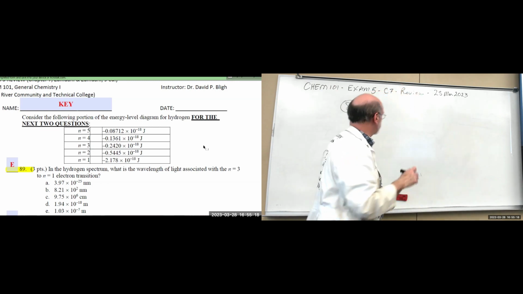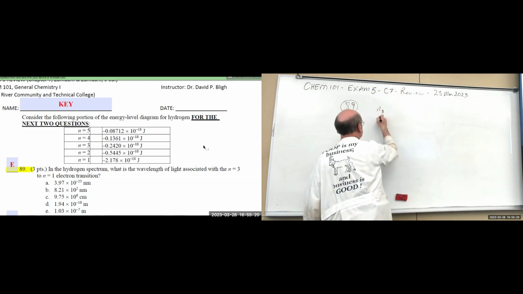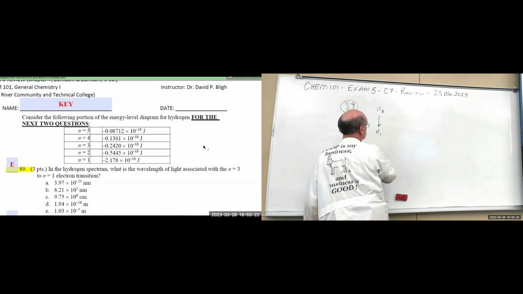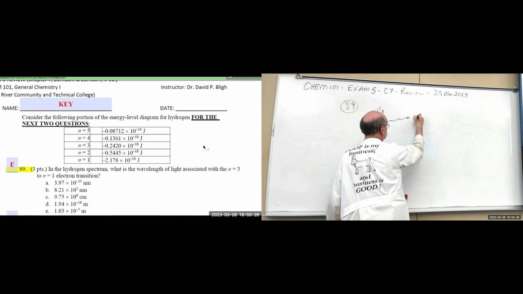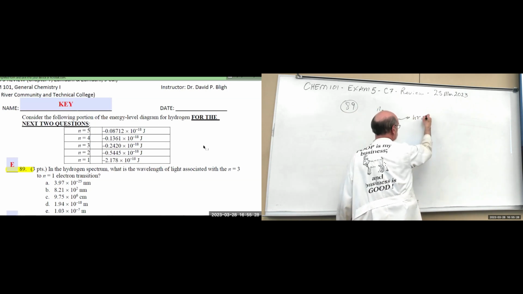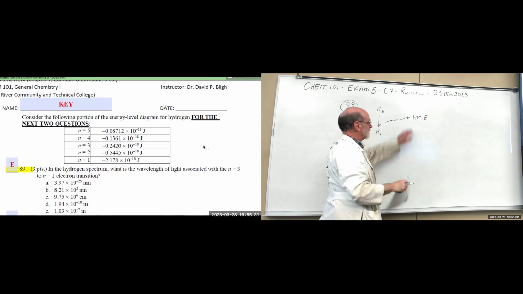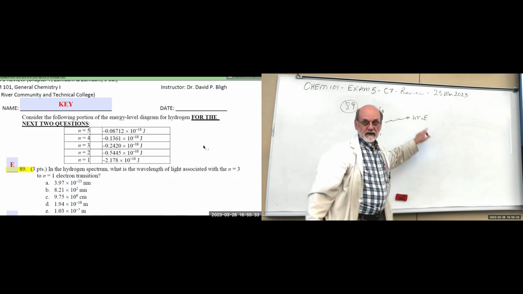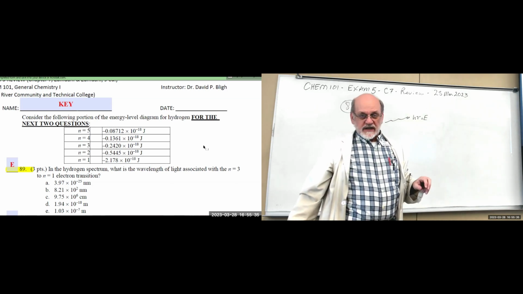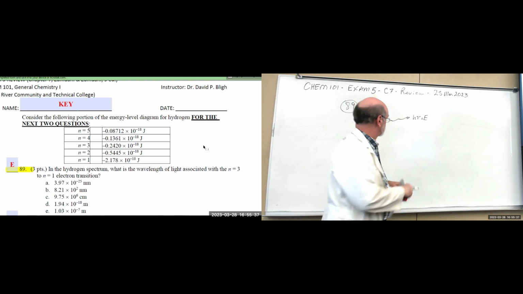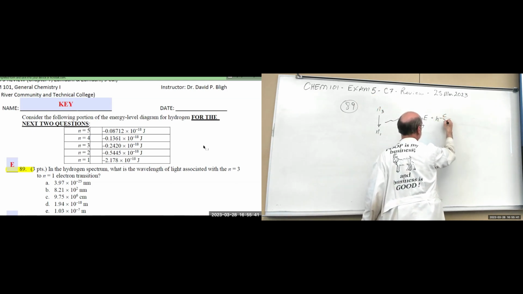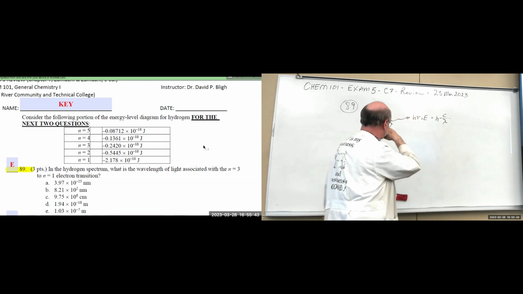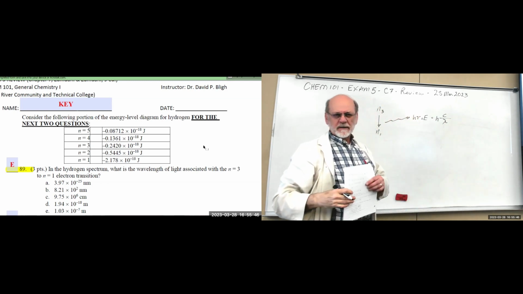So if it goes from N3 down to N1, then it's going to give off energy, right? That's equal to E, right? Planck's constant times frequency. But the question is, what's the wavelength? So we need the expression Planck's constant times C divided by wavelength.